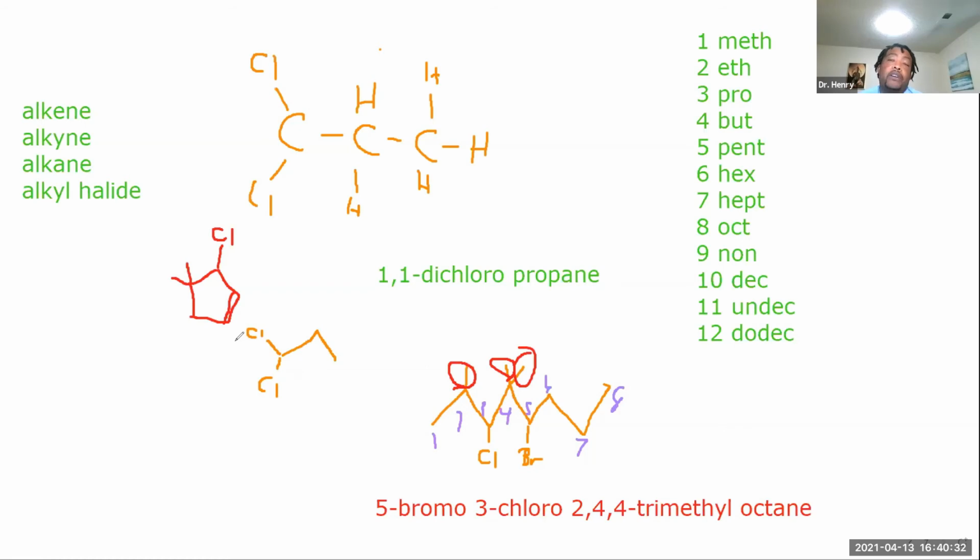And by the way, you guys are all asking the right questions. You're doing a good job of asking questions. Keep asking them. All right, so we got 1... chloro. All right, so I got 2 chloro, 3,3-dimethyl cyclopentene. What do you have to put, the 1 cyclopentene?